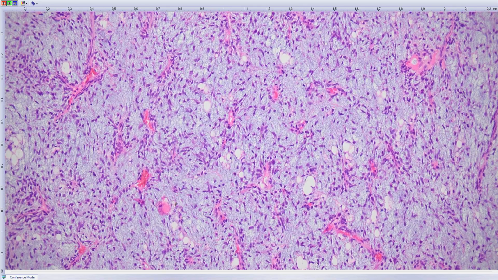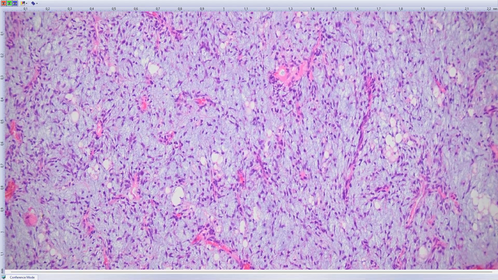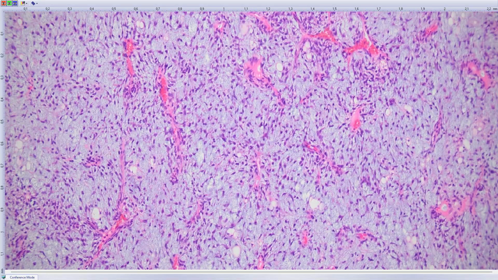Okay. So what you can see are these cytologically quite blunt, spindle or stellate shaped cells in a myxoid background, having these curvilinear or chicken wire vasculature there.